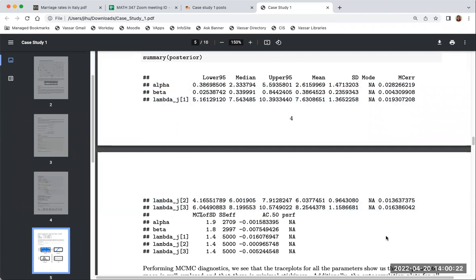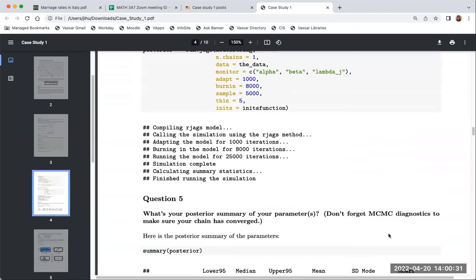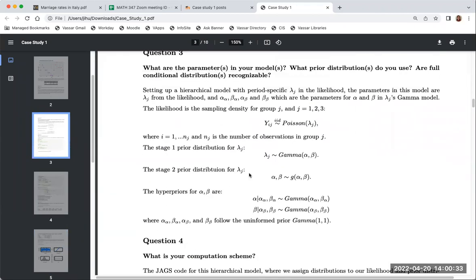And I guess, Carl, you're saying the model still runs, you still get results, and probably not very different from what we have. But the question is, what is the difference between this model, where we give a further hyperprior for alpha and beta, and the other model, where we don't have a stage 2 for lambda J, everything is only stage 1, which is the gamma 1, 1 prior?